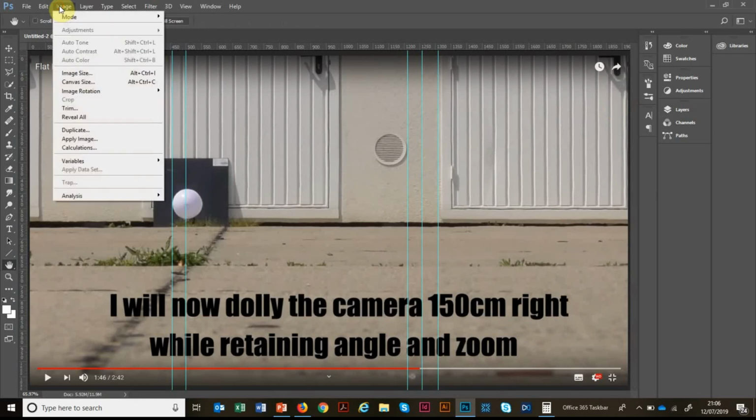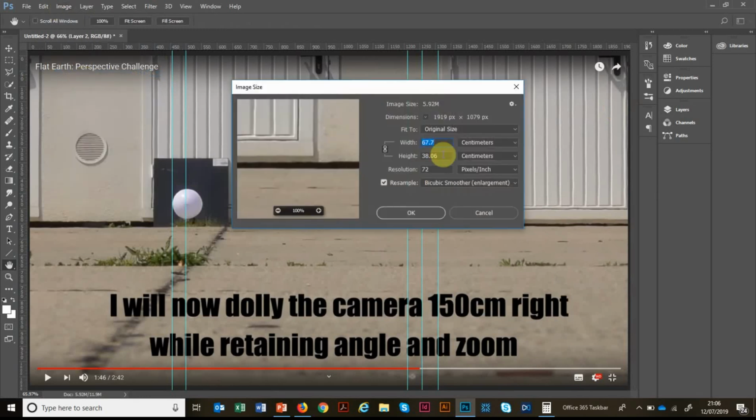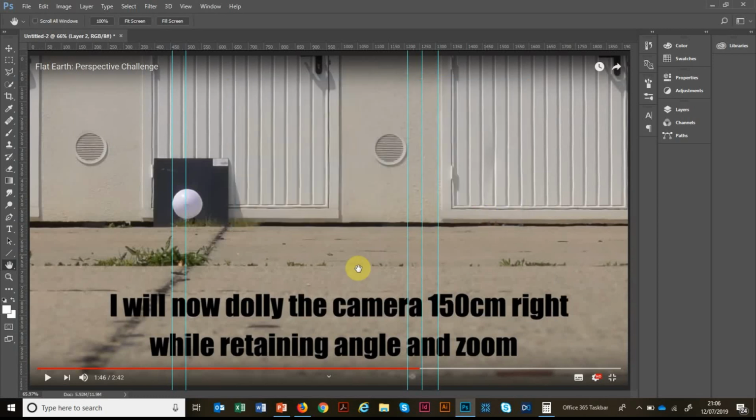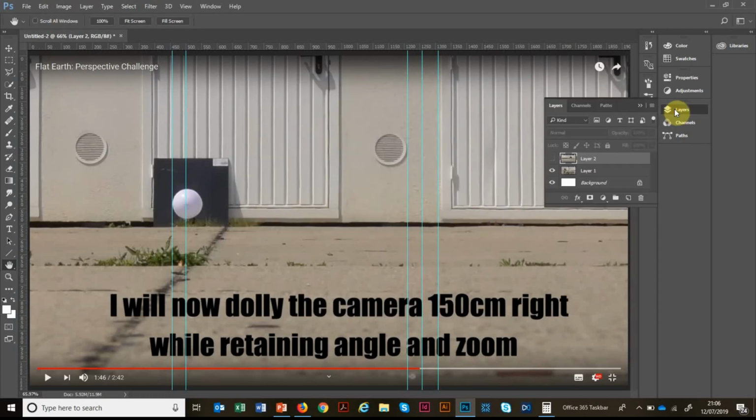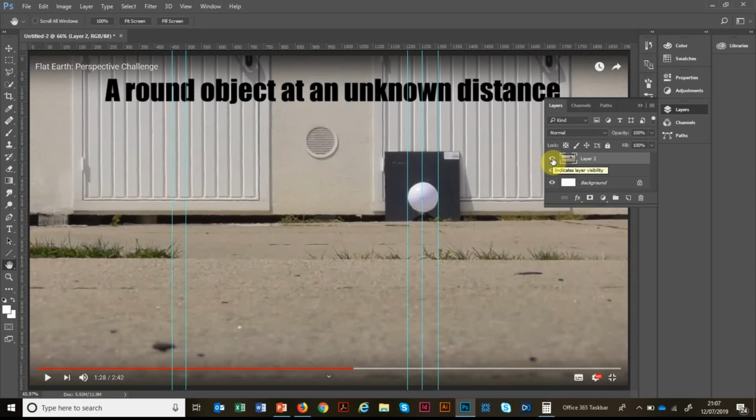Now the image size is 1919 pixels wide and it's just over 5 degrees viewing angle total. So if we can determine how far the ball moves from one scene to the next and work that as a proportion of this total viewing angle, we can work out the angle that the ball moves across the frame.